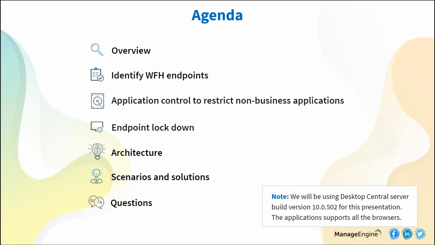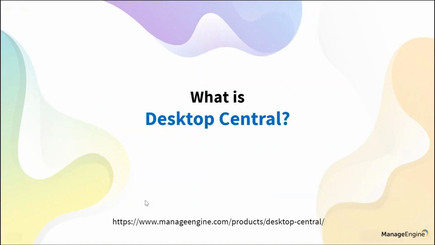Today's session will be in the form of scenarios followed by their solutions, wherein we have 3 scenarios of identifying work from home endpoints, controlling applications, and locking down the corporate endpoints. We'll wrap it up by discussing about Desktop Central's architecture, a few common scenarios that our support team has faced, and frequently asked questions.